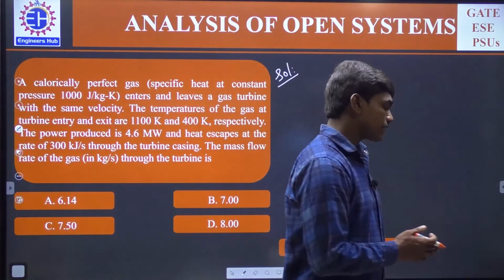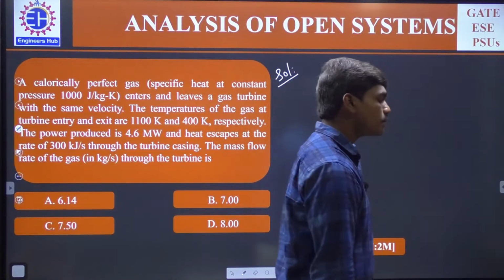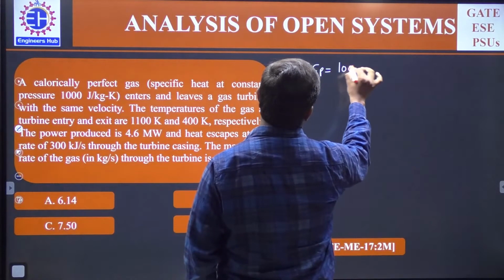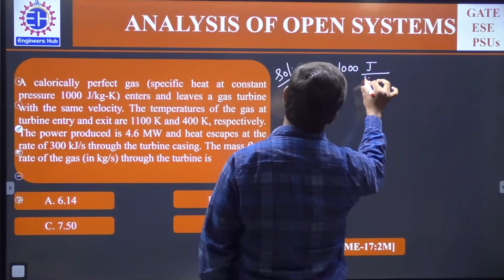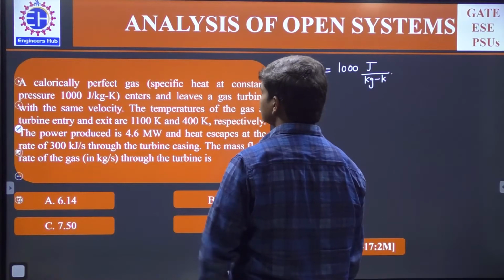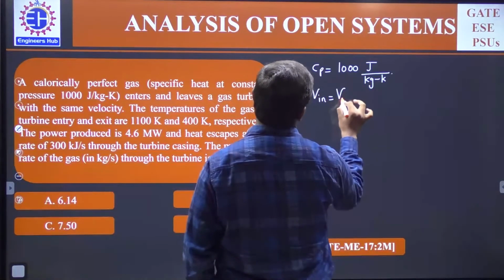A calorically perfect gas, specific heat at constant pressure 1000 joule per kg Kelvin. So let me write data for you. Cp is given 1000 joule per kg Kelvin. Next, enters and leaves a gas turbine with same velocity. So V inlet is same as V exit.